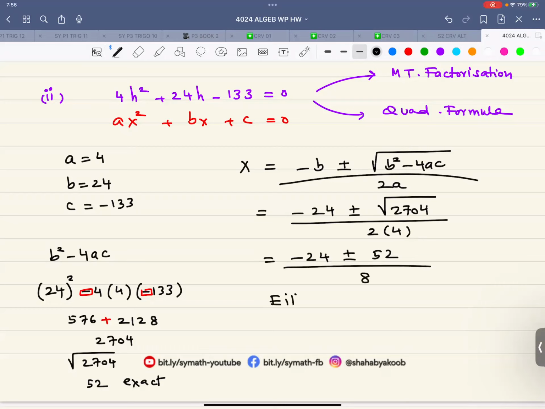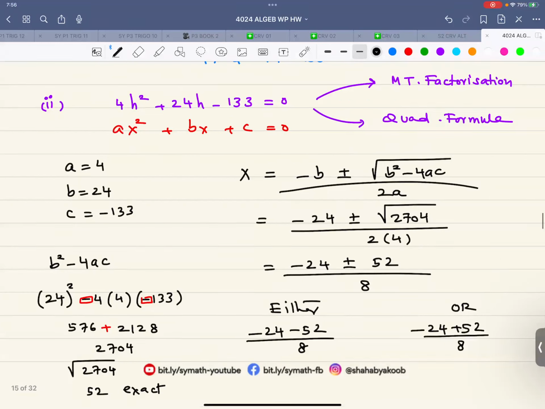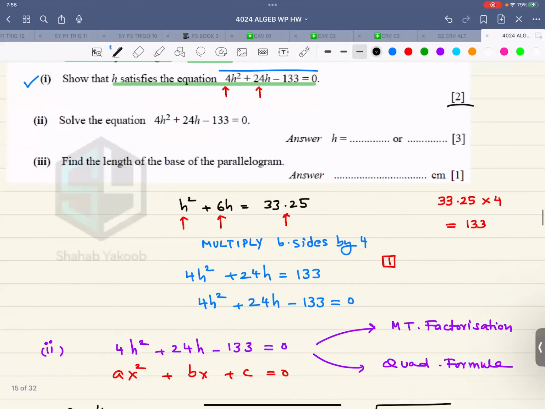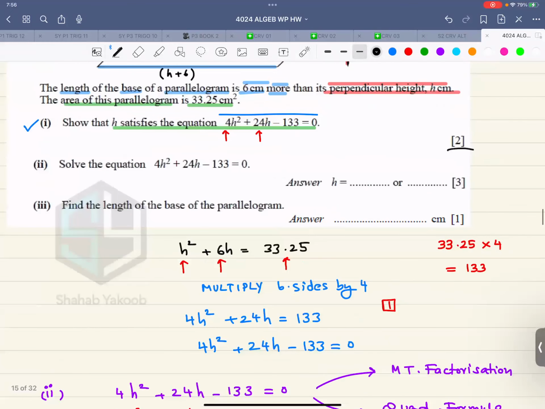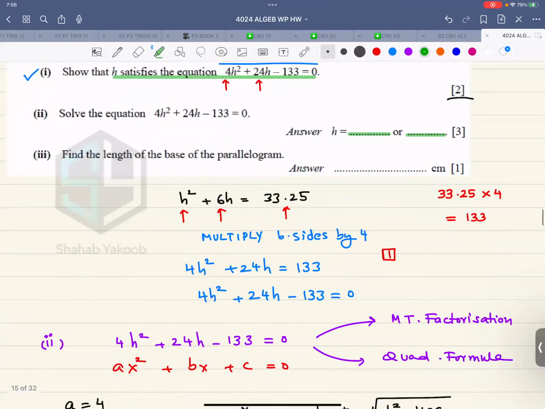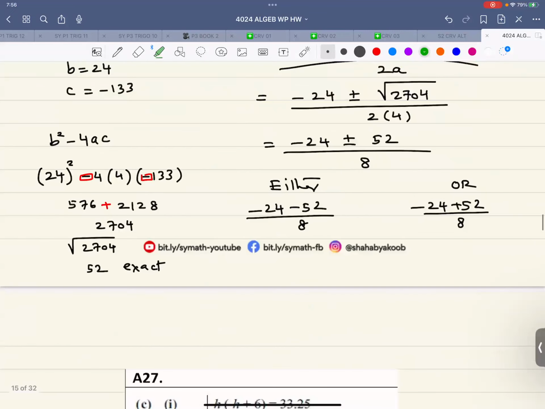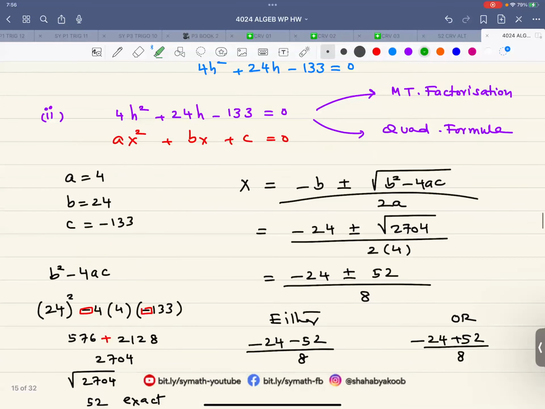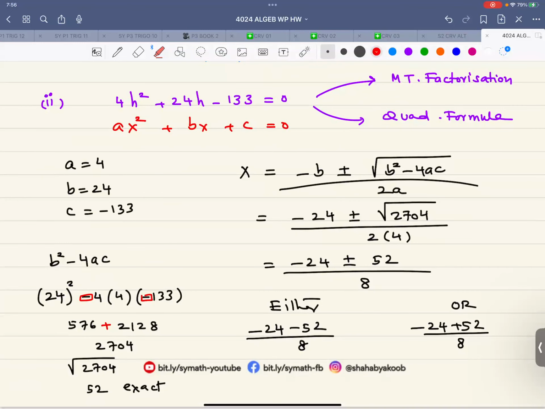So now there are 2 options, either or. Negative 24 minus 52 divided by 8. Negative 24 plus 52 divided by 8. Now, when they're asking us to solve this equation, they have given us two options. So we have to write both the options, whether it makes sense or not. One of the values of h is coming out to be negative. That's practically not possible.